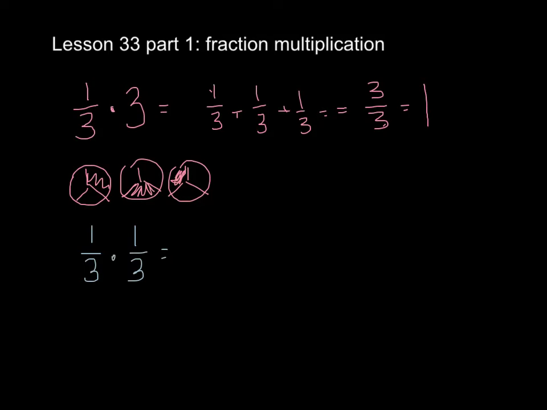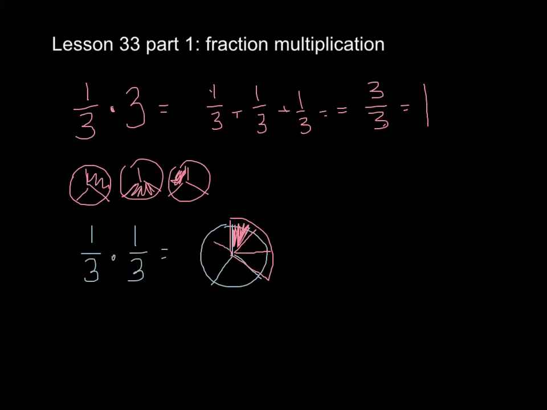So this would be like saying, I have a pizza that is cut into thirds, and I'm taking this 1/3 of a piece. That's this part right here. I have a third of a piece. And of that third of a piece, I can only eat 1/3 of it. So I'm going to split it into 3 equal pieces, and I can only eat a third of the third.